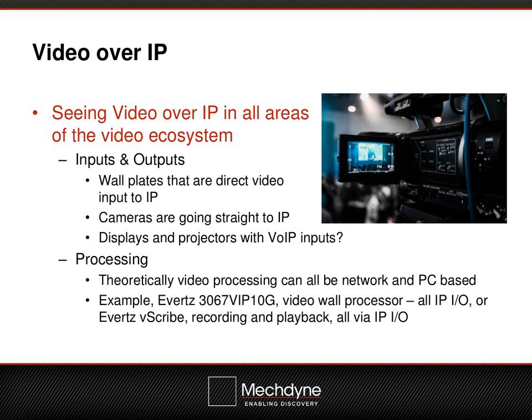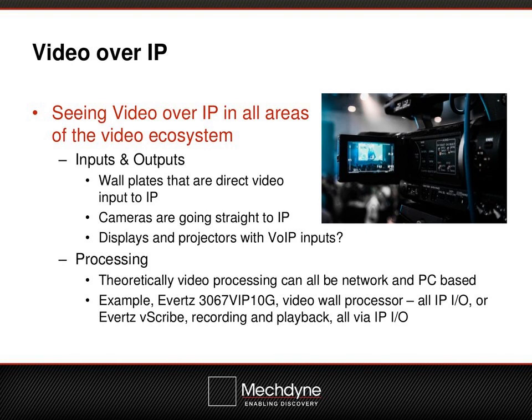We like that you can also do the processing all network-based. So for example, in a traditional sense, if you needed to do video wall processing, you would have to have some kind of dedicated video wall processor. You would have traditional inputs and outputs to that video wall processor. You may need special extension between the video wall processor and other devices.